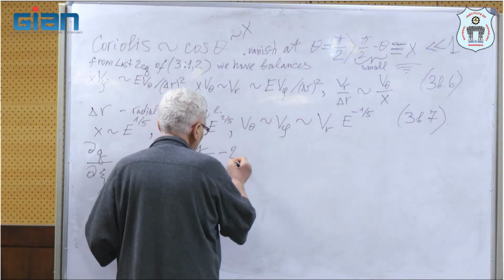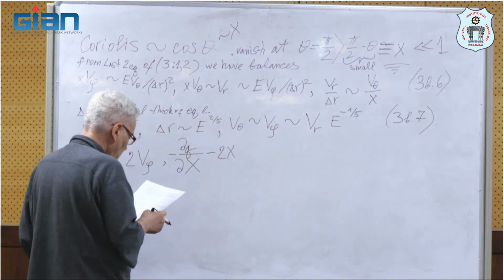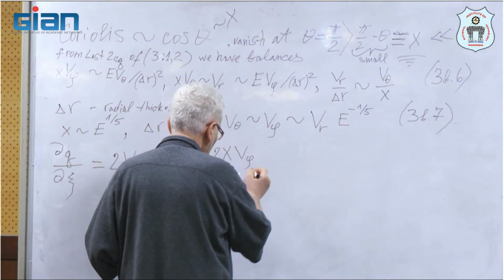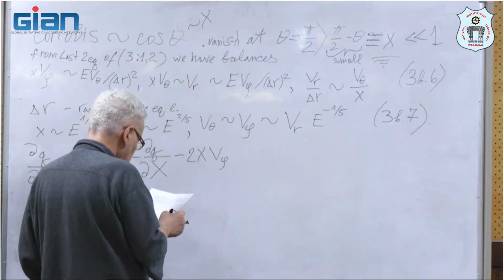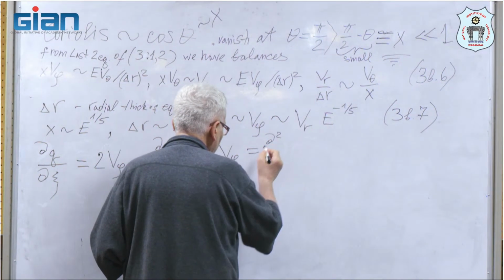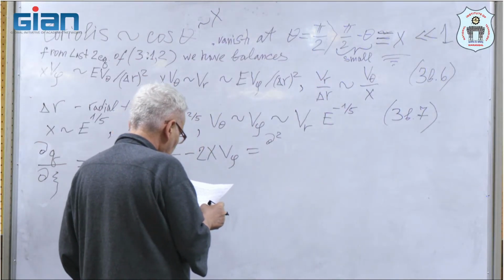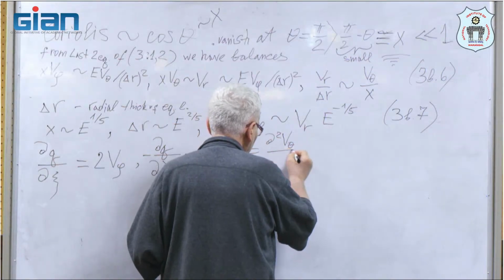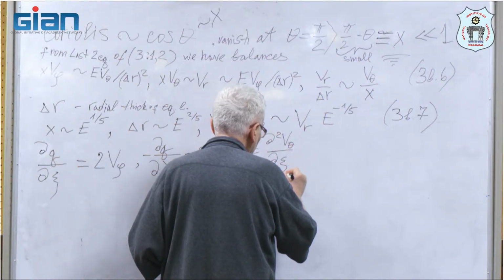Minus 2x V phi, and it's equal to the second derivatives of V theta, again dX.